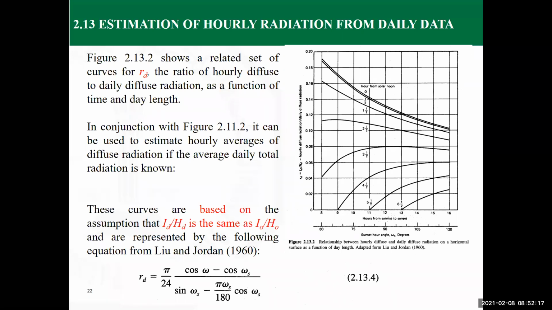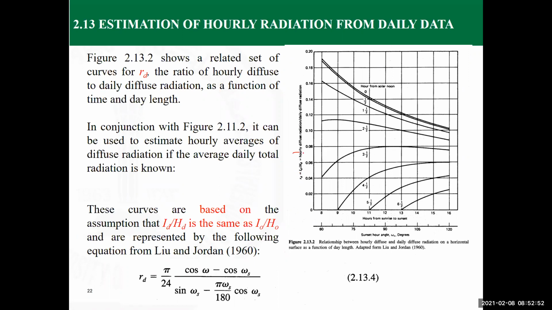D here stands for the diffuse component of the radiation. So the ratio between the hourly diffuse radiation and the daily diffuse radiation is given here in this figure and also by equation 213a. So it's not only that we can calculate how much is the total radiation in an hour based on the daily radiation, but we can even get the diffuse component of the radiation in this hour. And that is basically what we are doing here in this figure.